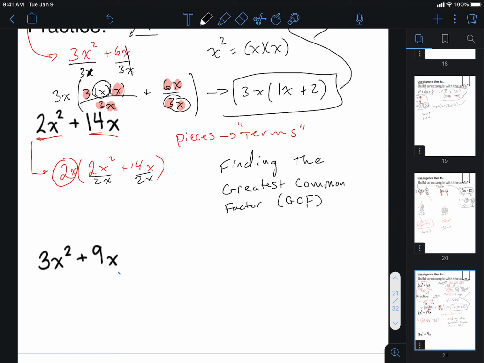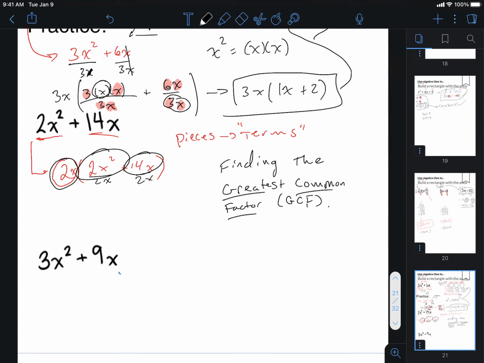You're trying to find the thing, it's a factor, it's a thing that goes into both of them. It's a piece. It's the biggest thing that goes into both of them. Greatest. And greatest common piece, I suppose, would be the way that you could alternatively say that. In this particular question, 2x is the greatest common factor, or greatest common piece, amongst the two terms.